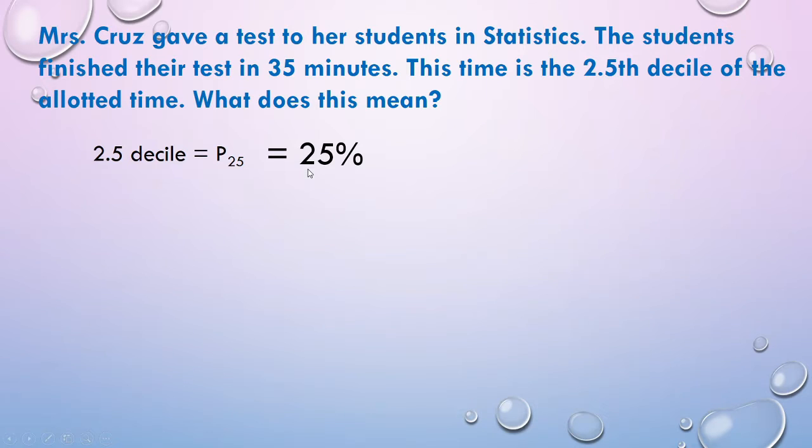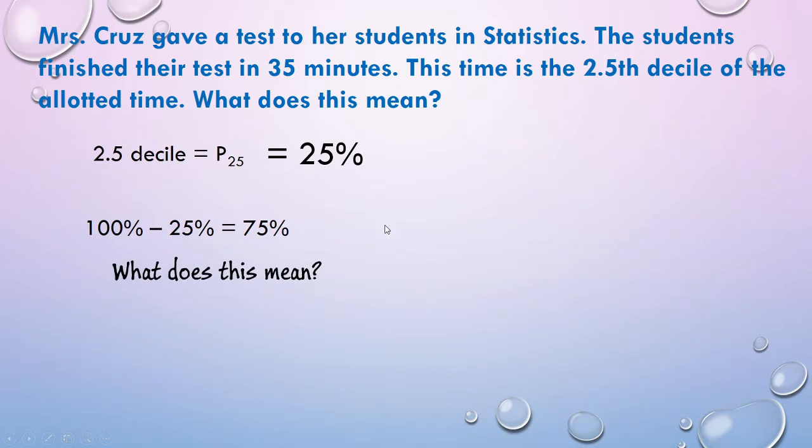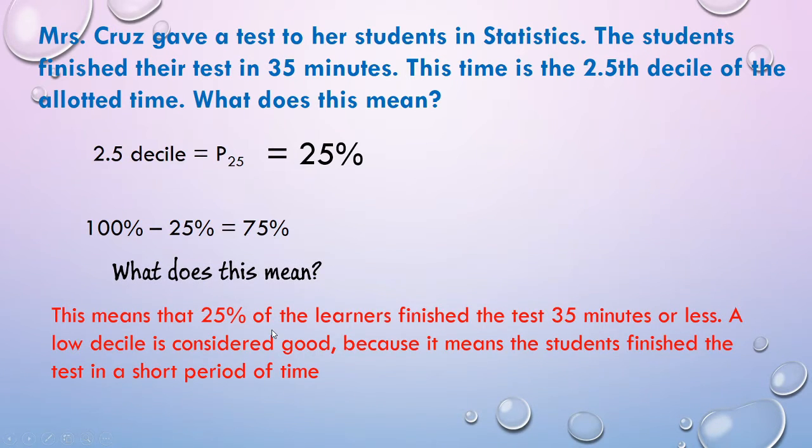Next, kung ito ay nakatapos ng test in 35 minutes, that belongs to 2.5 decile, ilan naman yung hindi nakatapos? So, that is 75%. So, ano ibig sabihin yan? This means that 25% of the learners finish that test 35 minutes or less. And it means that the test is good because a low decile is considered good.